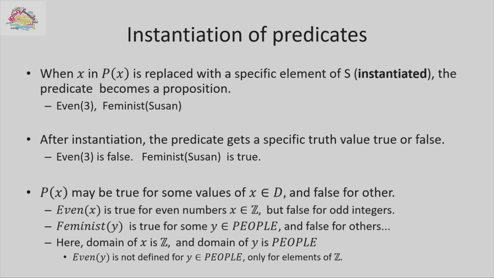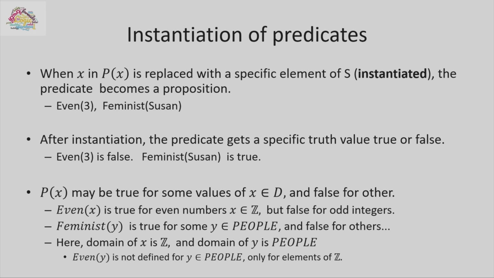But when x in P of x is replaced with a specific thing, a specific element of its domain, what we call instantiation, making an instance of a predicate, then it becomes something that is either true or false.